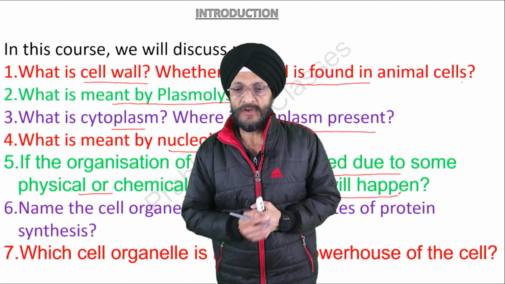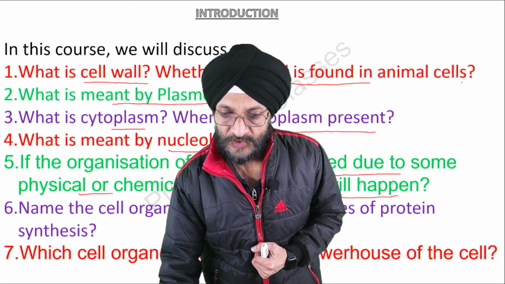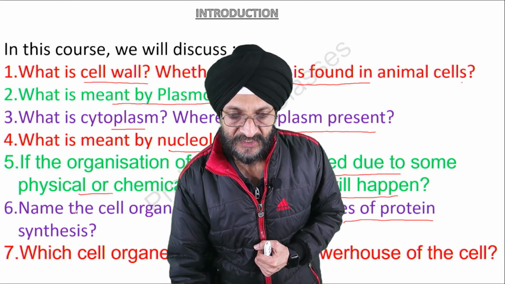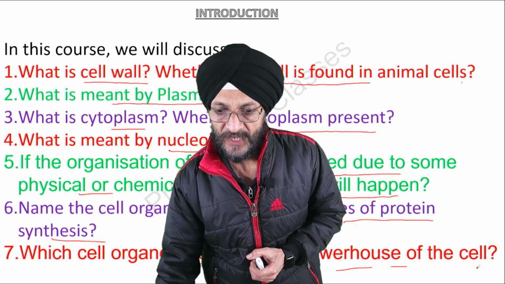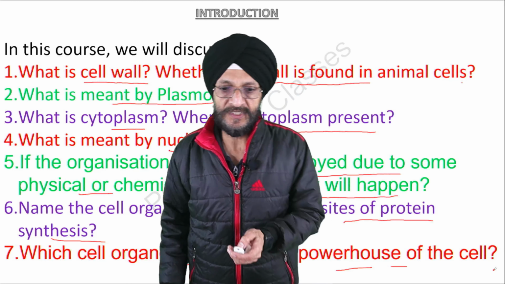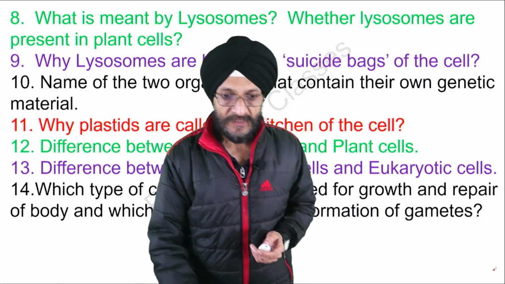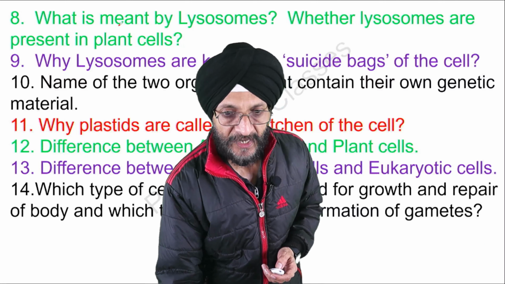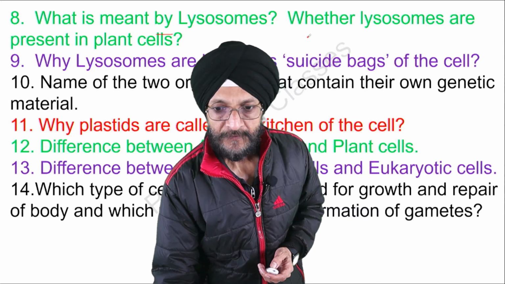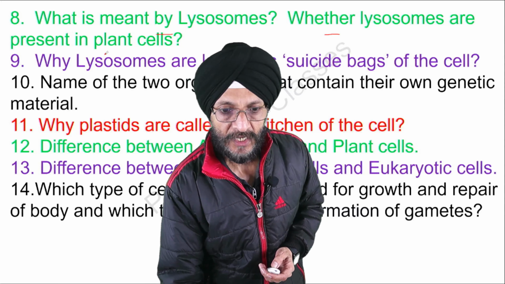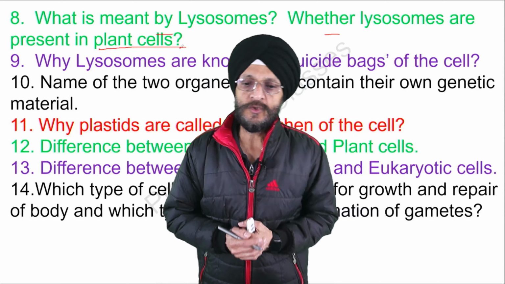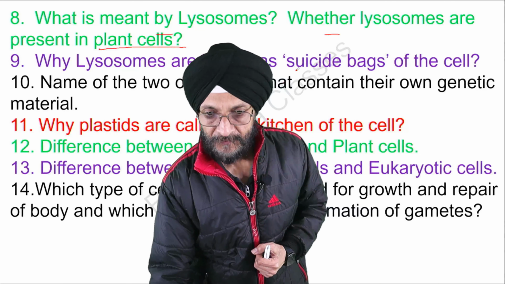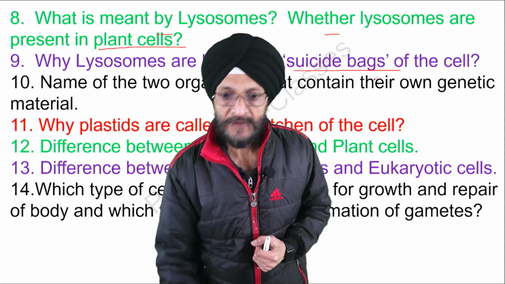Name the cell organs which are the sites of protein synthesis. Then, which cell organelle is known as the powerhouse of the cell? Then, what is meant by lysosomes? Whether lysosomes are present in plant cells? Why lysosomes are known as suicide bags of the cell?